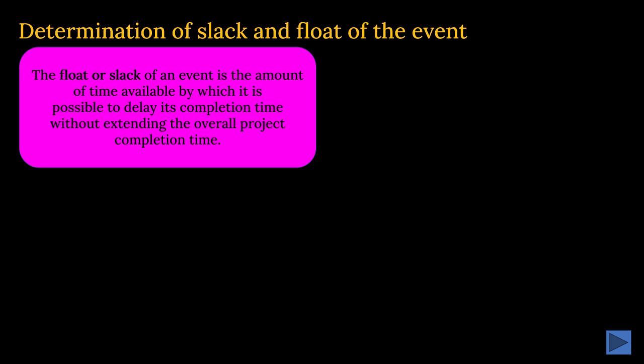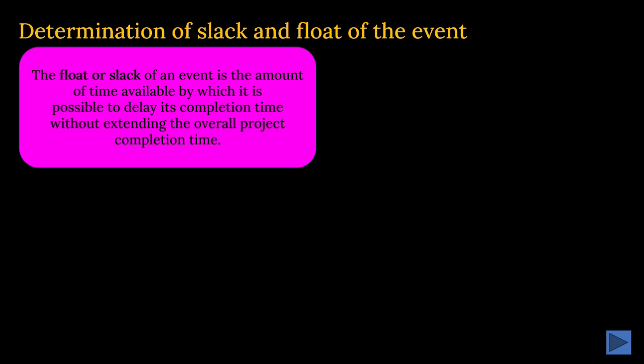There are two different kinds of activities I told you. One is critical, the other is non-critical. Suppose in a critical activity your duration is 3 days. You have to start on day 0 and finish on day 3. There is no relaxation or scope of slack. But in a non-critical activity, there is a scope of relaxation which will never affect the completion of the project time without extending the project time.